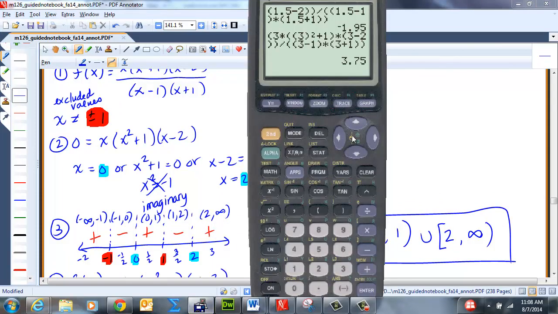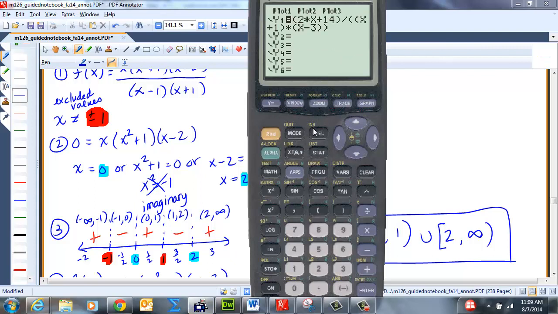So let's see. Clear all that out. Go to y equals, and let's clear this. So parentheses, our original was x times (x squared plus 1) times (x minus 2).